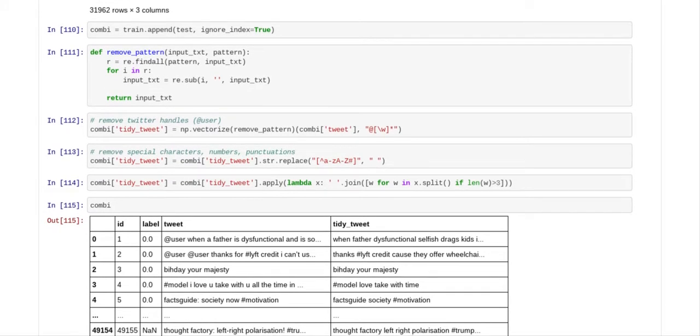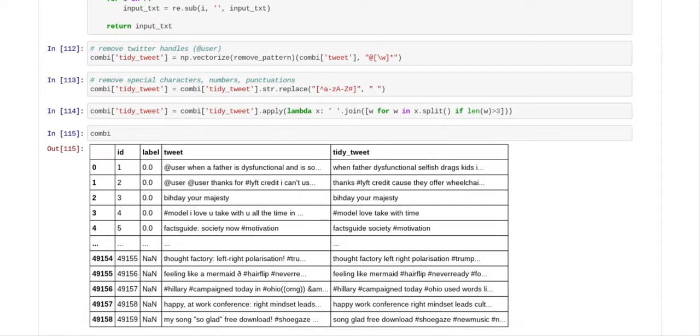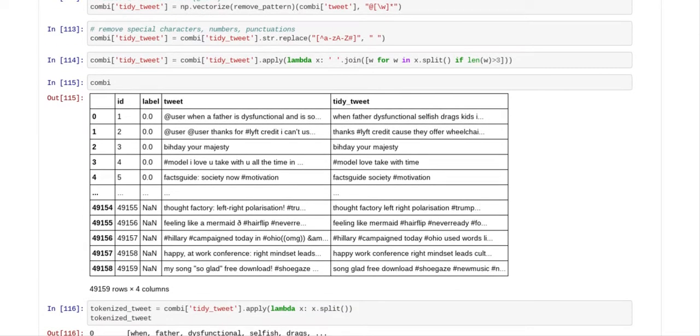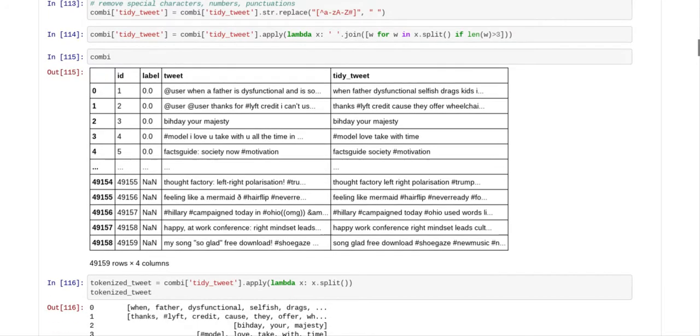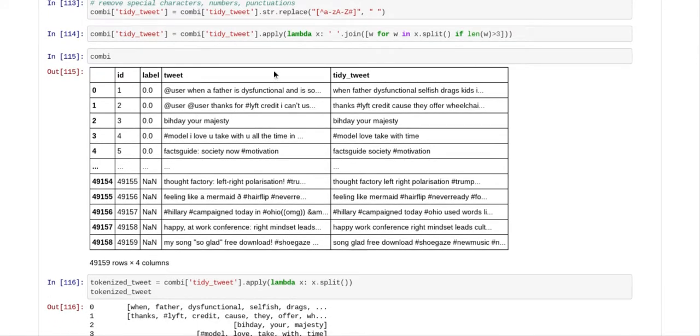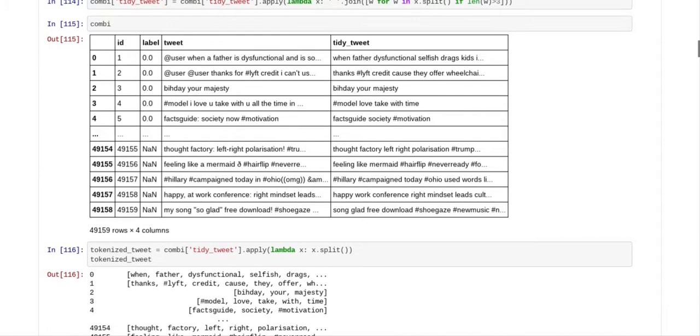And then what we did was we defined a function to remove patterns from the tweets. So we removed Twitter handles. Then we removed some special characters. Then we tidied the tweets with another internal function called lambda. And we showed the combi file where it's been tidied up.